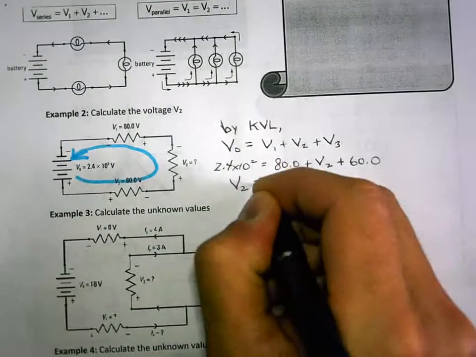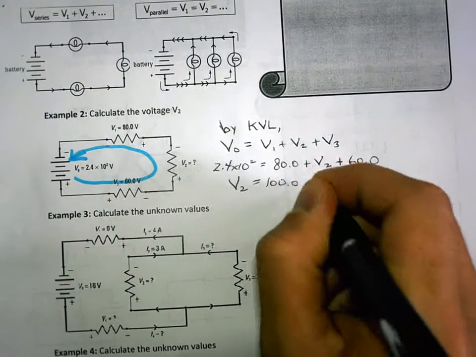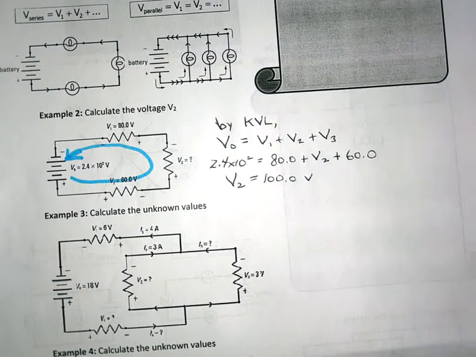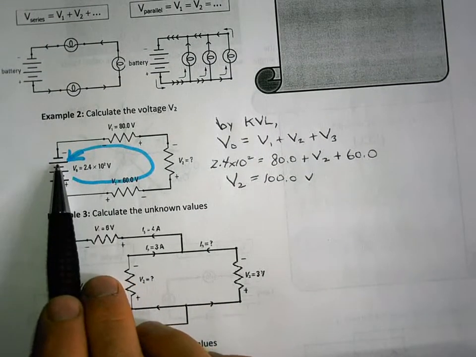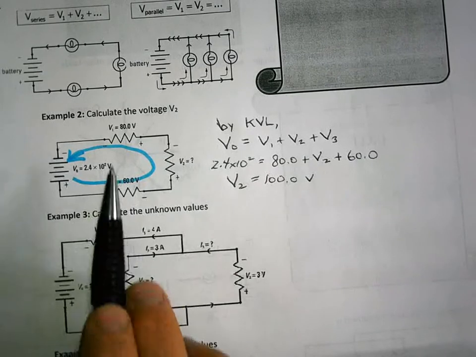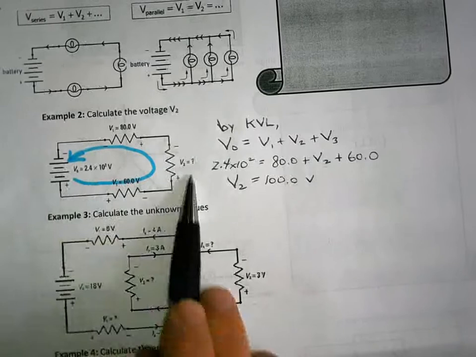V2 is equal to 100.0 volts. So again, you have 240 volts when you leave home, and you spend 60 here, 80 here, so therefore you must spend 100 here, because you spend all of your money.